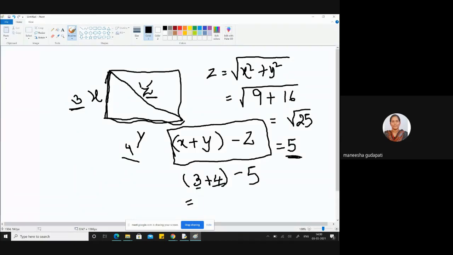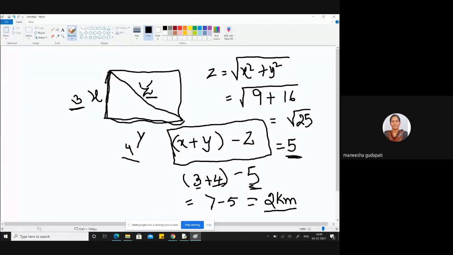Let's consider it as kilometers: 3 kilometers plus 4 kilometers. But he avoided that and walked across the lawn, so he walked just 5 kilometers. 3 plus 4 is 7, 7 minus 5, the total distance he avoided is 2 kilometers. This is what they have given.